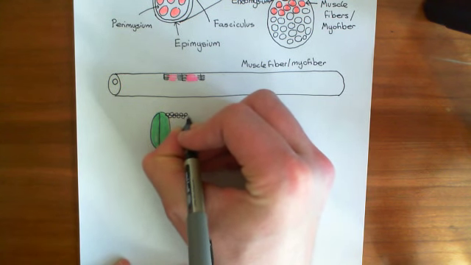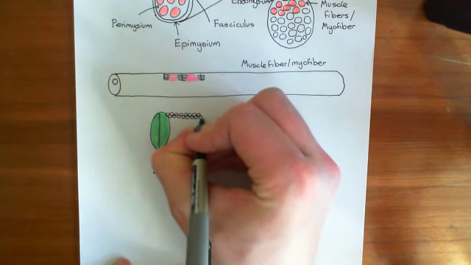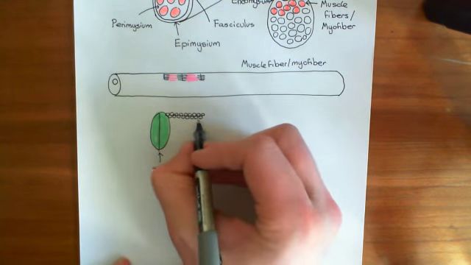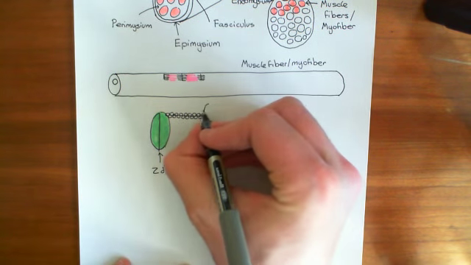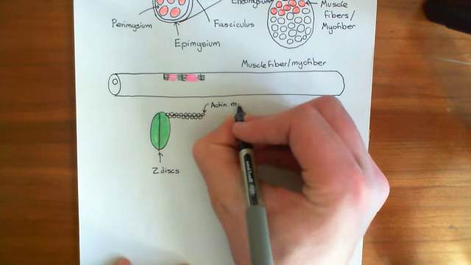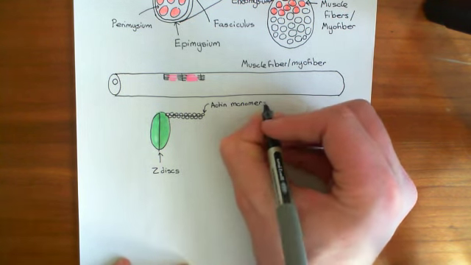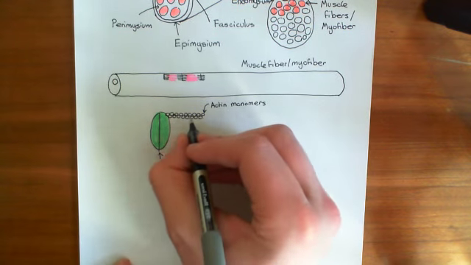These protein filaments are polymerizations of a smaller protein. So these small little balls I'm drawing here are actin monomers. Each one of those little circles that I've drawn is an actin protein. Actin is a protein produced by the myofiber, and it polymerizes together.